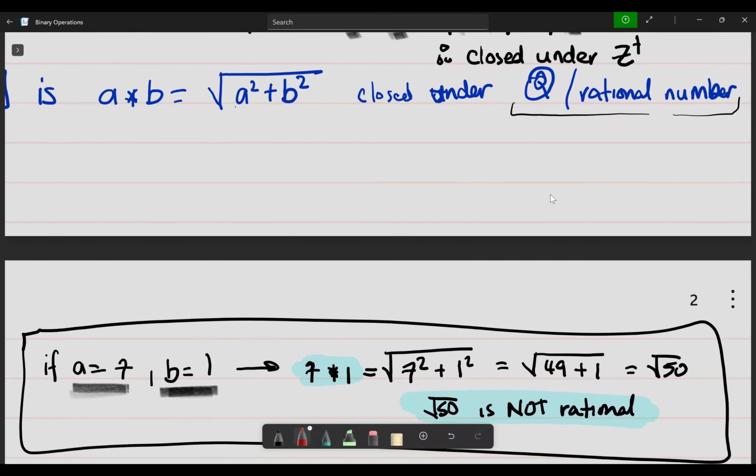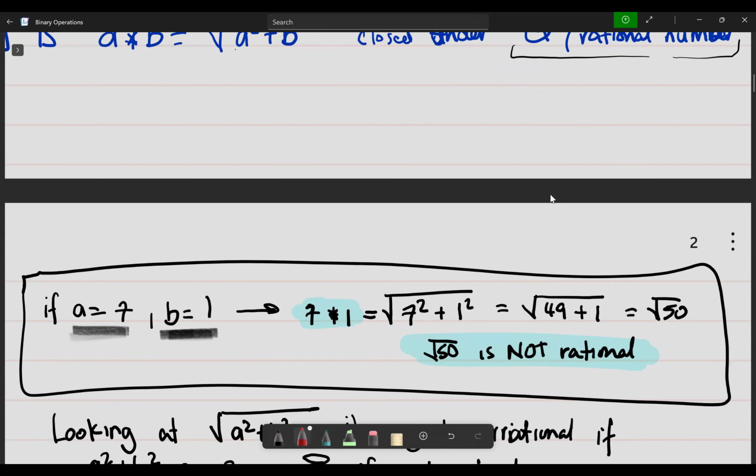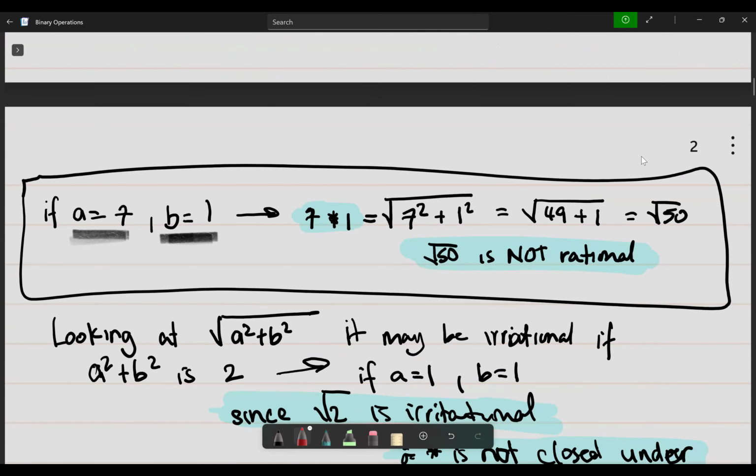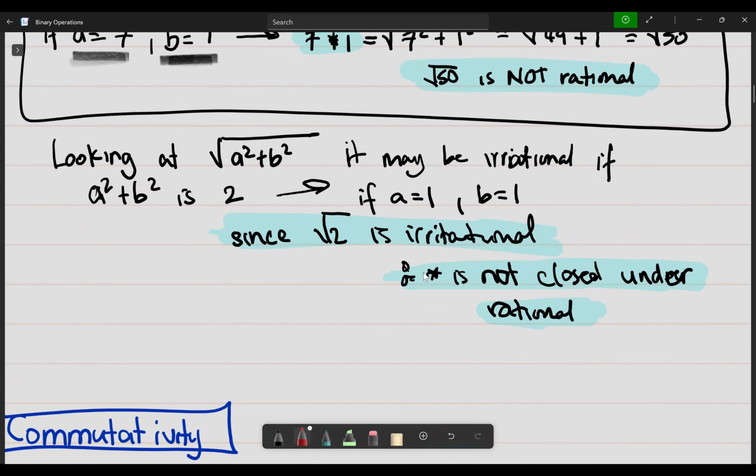Wait, why am I explaining rational numbers to my students? For this one, it asks a yes or no question instead of proving it. It didn't ask to prove, so you just need to find an example that causes an issue. So I have a as 7 and b as 1. When you compute it, you get the square root of 50, which is ongoing.